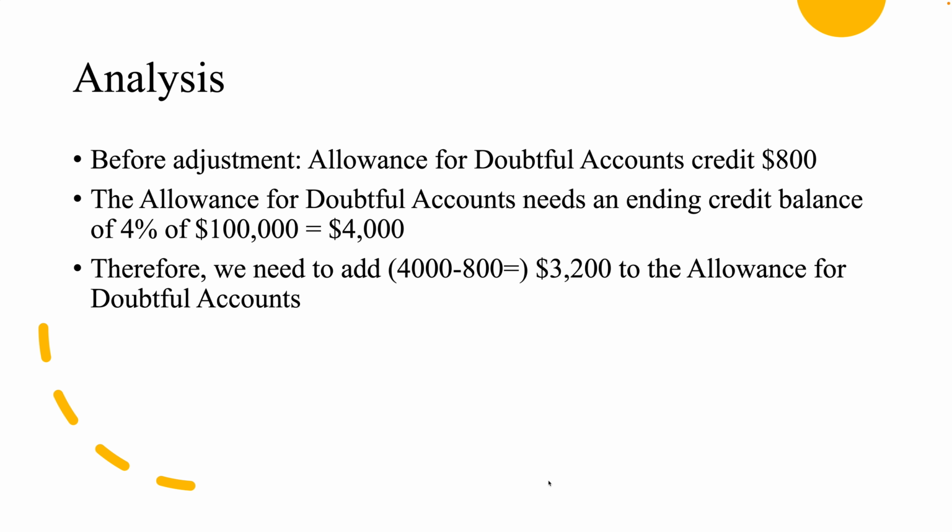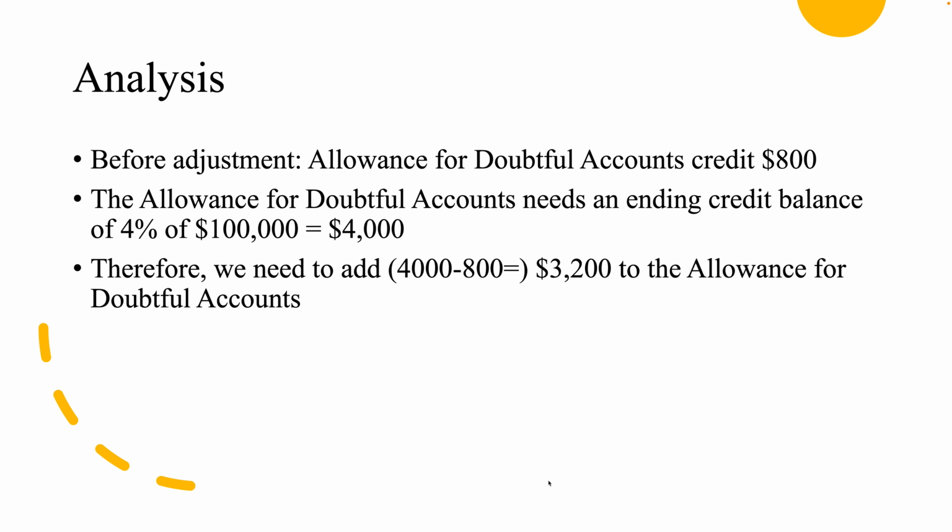Before adjustment, the allowance for doubtful accounts has a credit of 800. So allowance for doubtful accounts needs an ending credit balance of 4% of 100,000, which is 4,000.